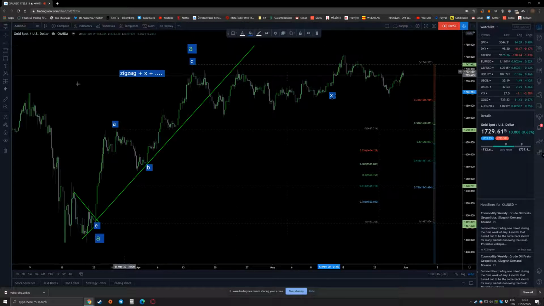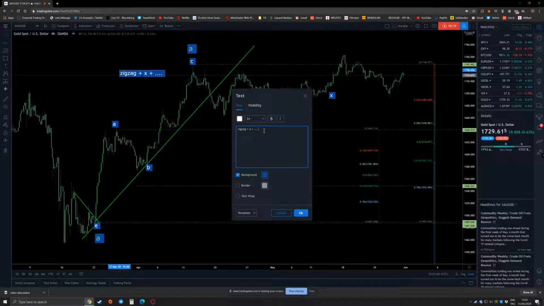For example, let's go like this. It means that we will have, for example, a flat and another X wave and a triangle. This is one possibility. Or you can have a zigzag and an X wave and a triangle.